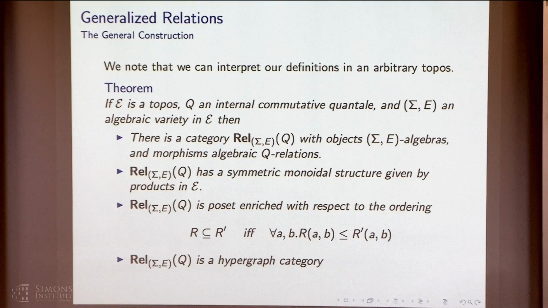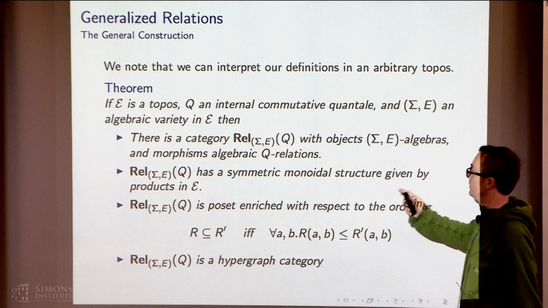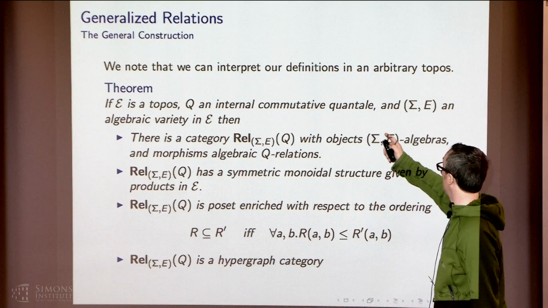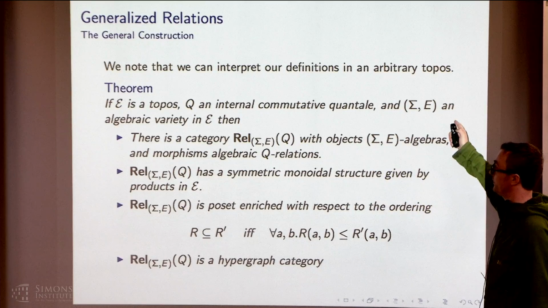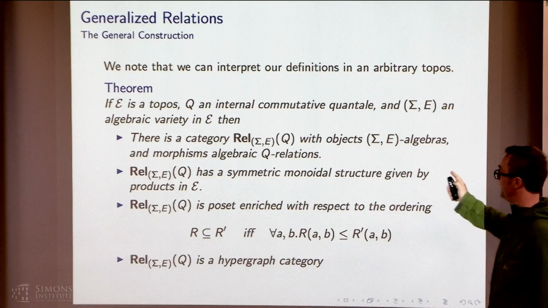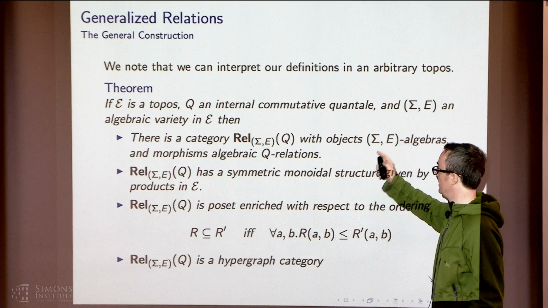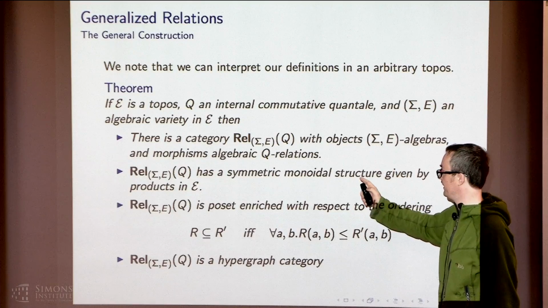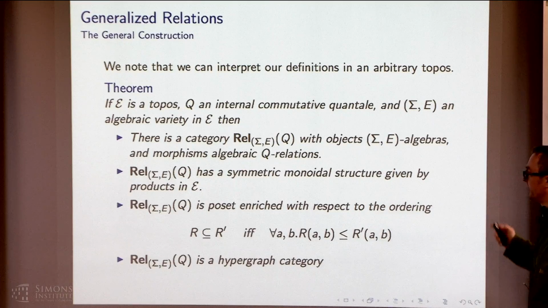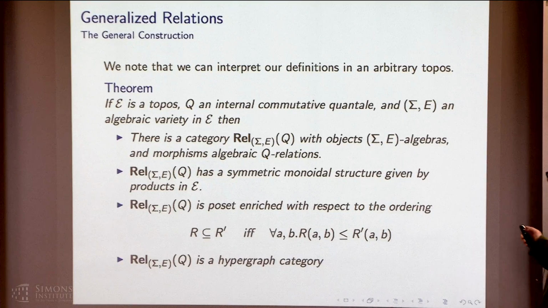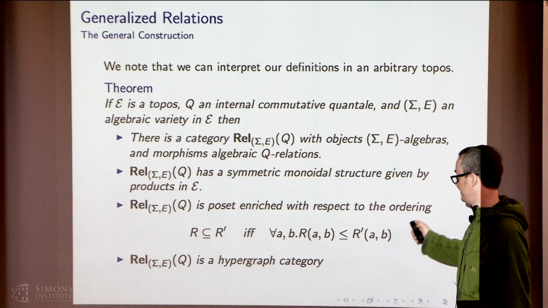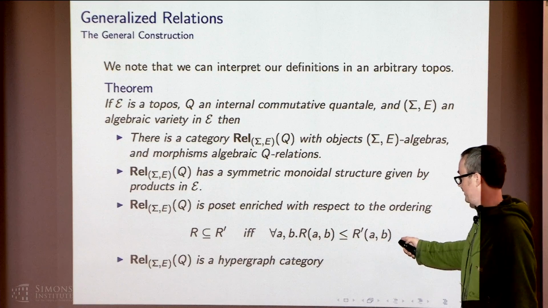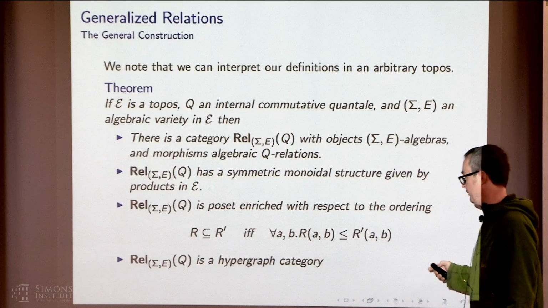So the first theorem we have is, if we have an arbitrary topos, an internal commutative quantale, and an algebraic variety in there, then we get a category of these algebraic Q relations. And this category has symmetric monoidal structure given by products. And it's also poset enriched via an obvious generalization of the ordering that we saw before.